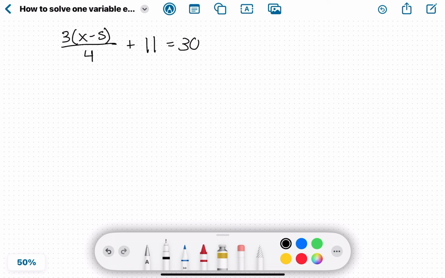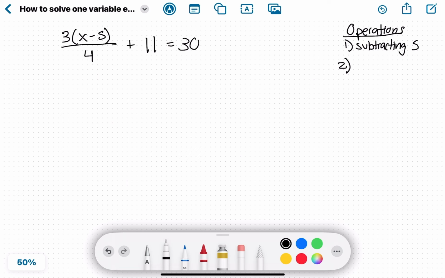Okay, what operations are being done to x? Let's write them down. First, what's next to x? Minus 5. So first, we are subtracting 5. 5 is being subtracted. Next, right next to that is 3 outside of parentheses. So 3 parentheses multiplying by 3.